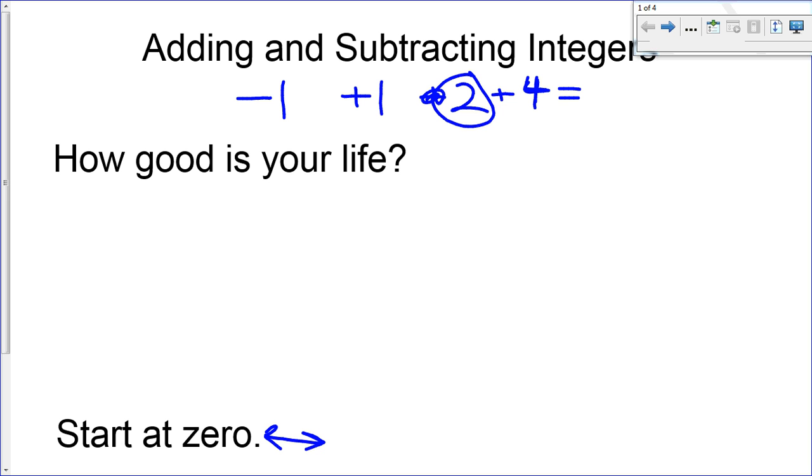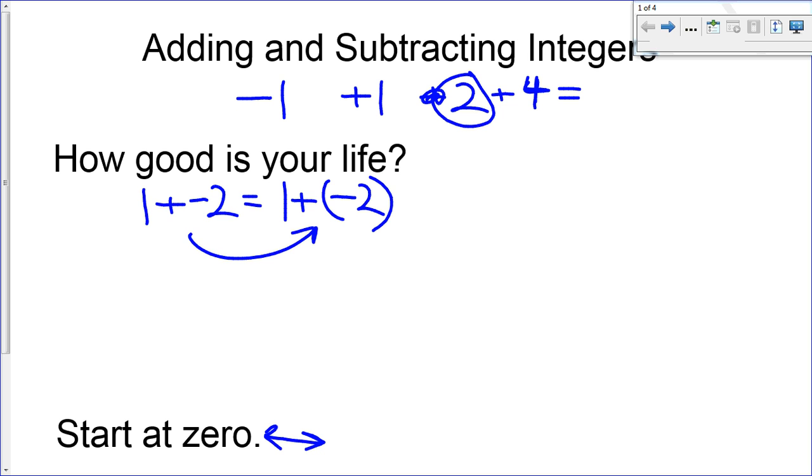And I'll get to starting at 0 in just a second. But what really causes the confusion is when we have situations like 1 plus negative 2. It can be written like this, but most of the time we see it in parentheses. These are the same thing. The parentheses are just there to keep it clean and to keep our signs separated.